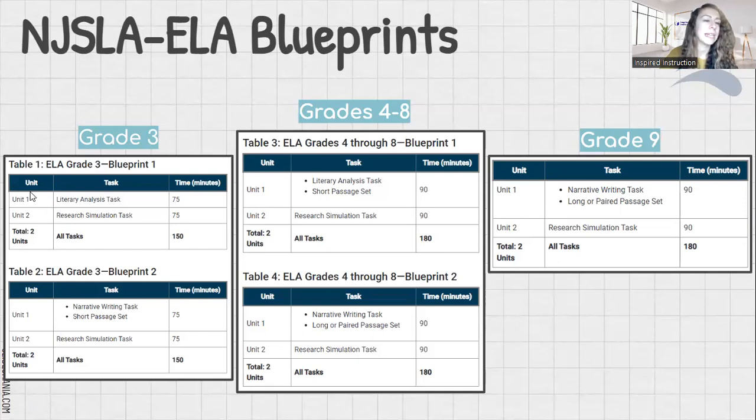So what this means is that there are 2 different versions of NJSLA-ELA for 3rd grade, and students might receive either of these 2. So it's possible that one student's test will consist of a literary analysis task, which will be 75 minutes in length, and then a research simulation task, which is another 75 minutes in length. That would be the conclusion of that NJSLA-ELA test for one student.